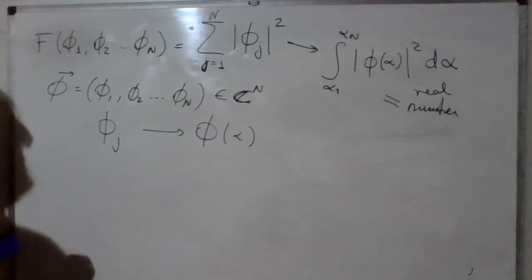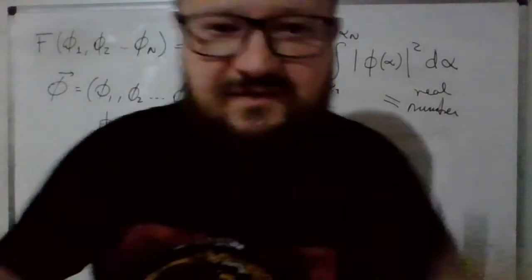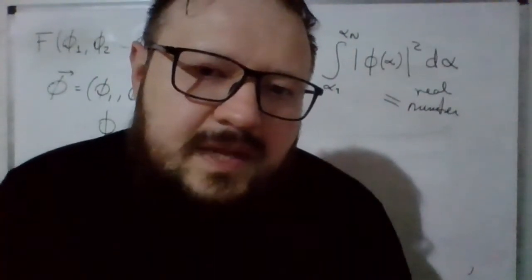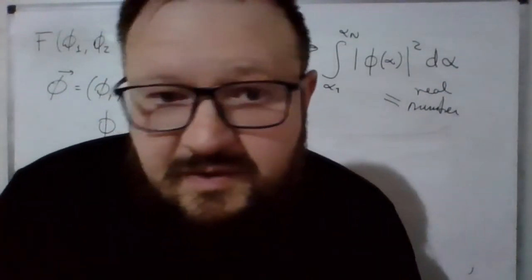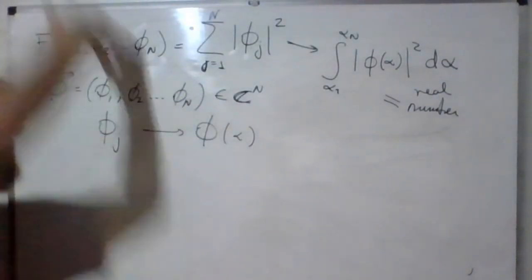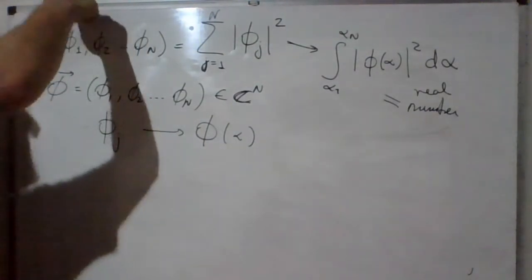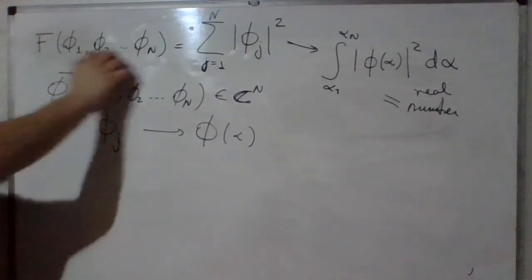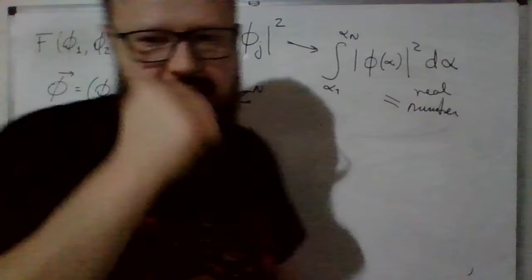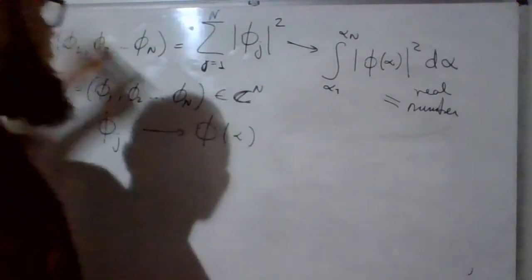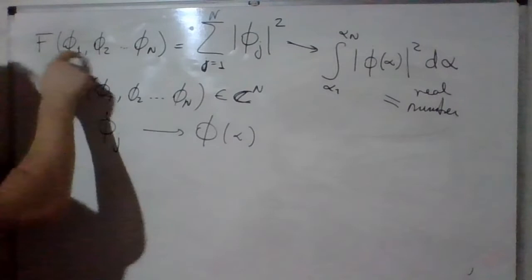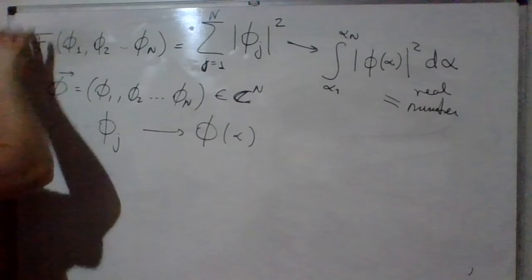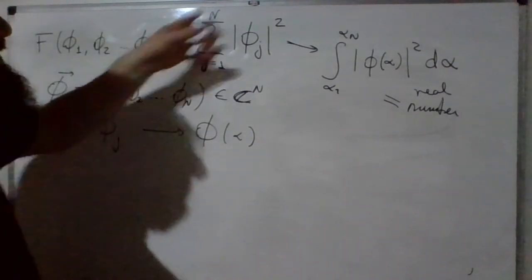So, in this intuitive sense, a functional is just a generalization of a scalar function, which admits as its argument a set of variables, a set of numbers. In this case, you insert numbers for phi 1, phi 2, and phi n, and it produces some number. That is the machinery here, a scalar function which produces a number.